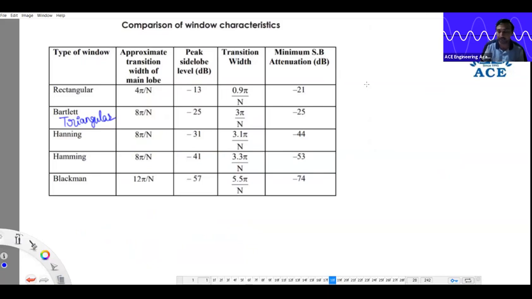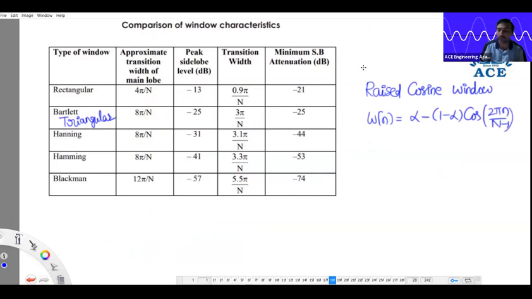Hamming and Hanning, they are combinedly called raised cosine windows, because once you draw them, their graphs will look like raised cosine windows, sir. Once you draw them, their graph will look like a raised cosine window like this.